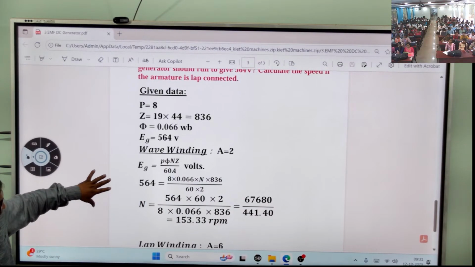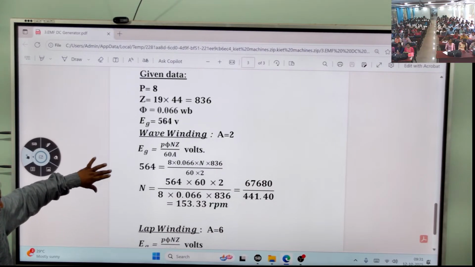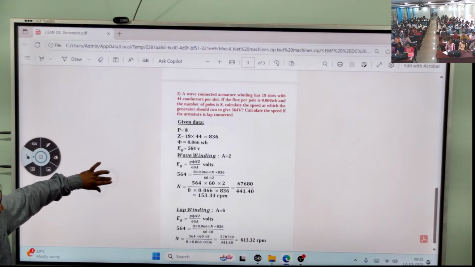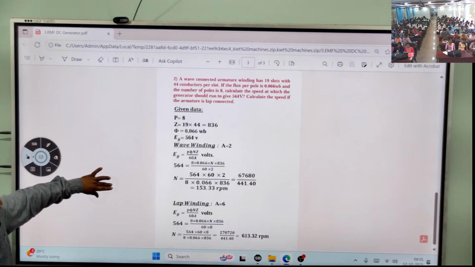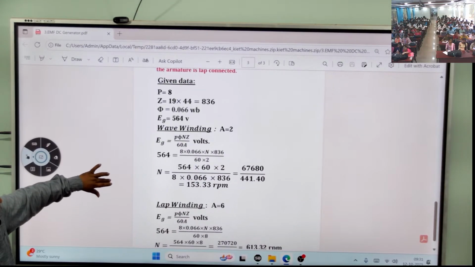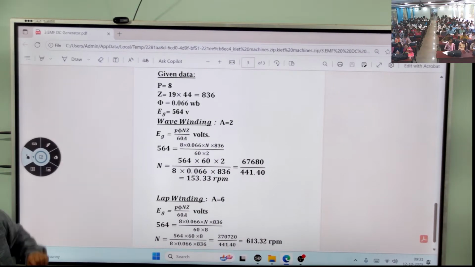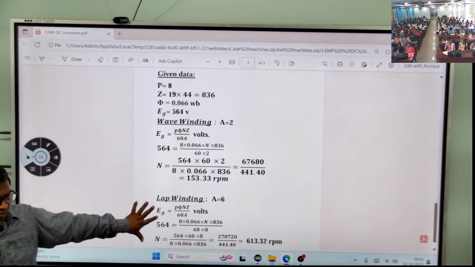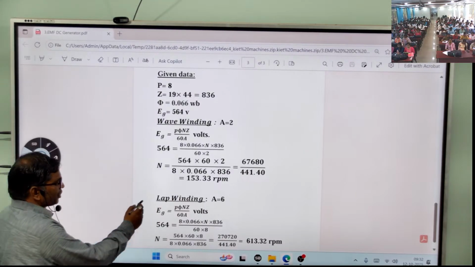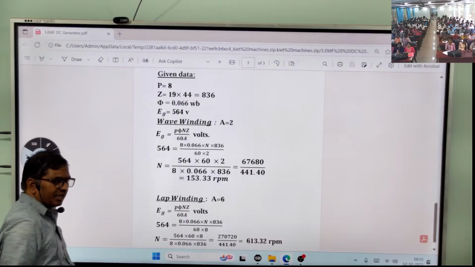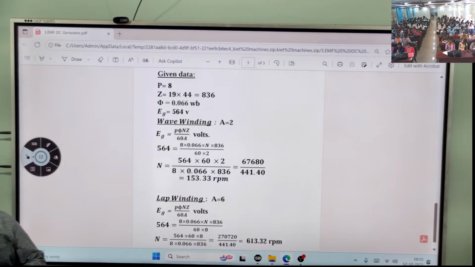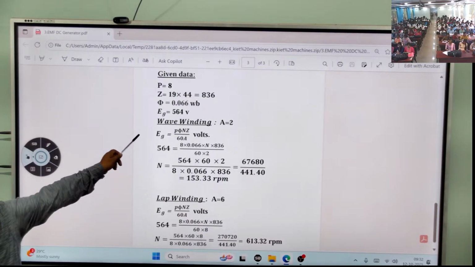In the exam, only lap winding is asked. This part is given in the question, so N is equal to 613. If you want to calculate speed for wave winding also, you can calculate.